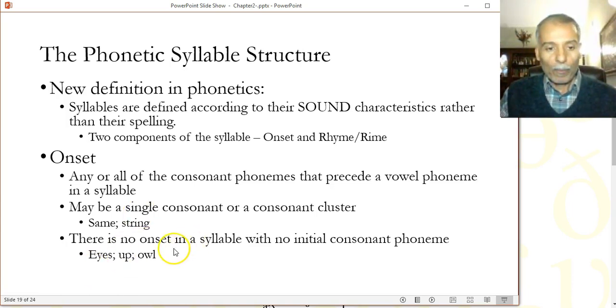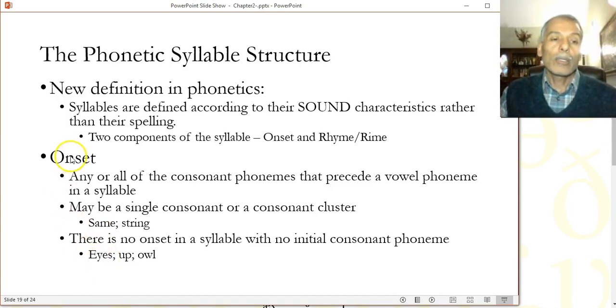So let's see. There's no onset in a syllable with no initial consonant phoneme, like you say, eyes. There are no consonants here. The I is a vowel, made by the E-Y-E, that is the vowel, I.